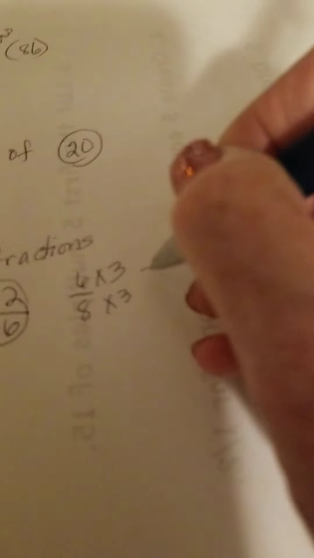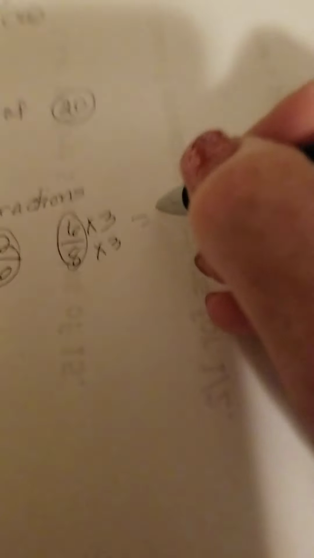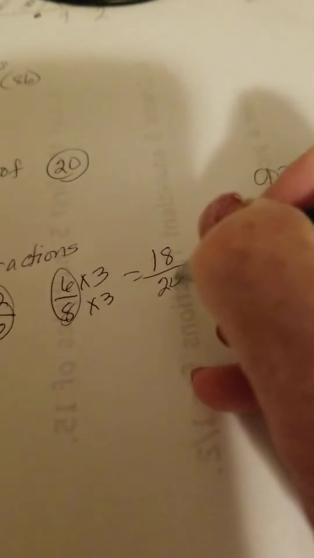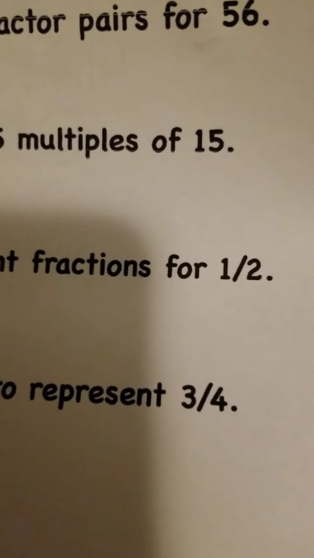This would be an equivalent fraction to 6/8. 3 times 6 is 18. 3 times 8 is 24. That is equivalent. So they're asking you to do equivalent to 1/2. So whatever you want to do, multiply the numerator and the denominator by the same number, and that will be an equivalent fraction.